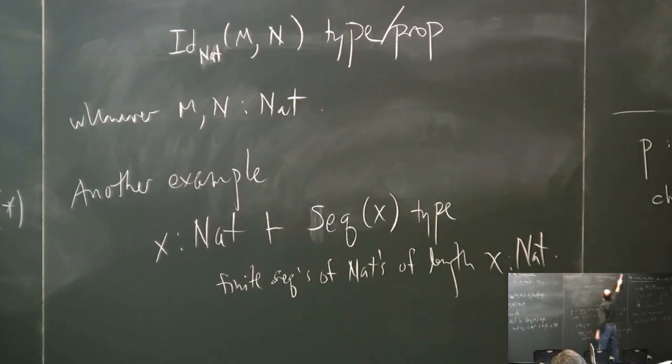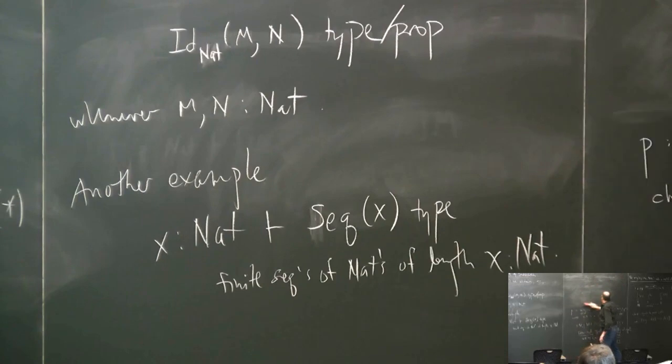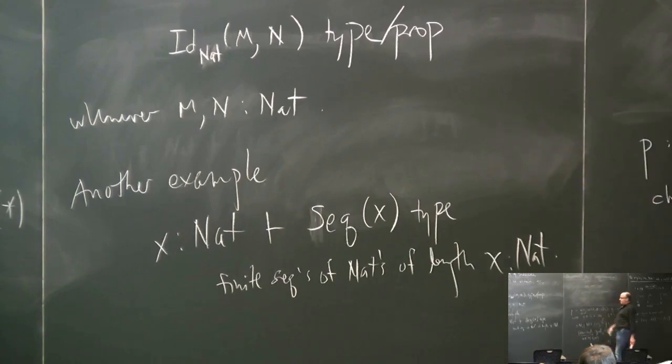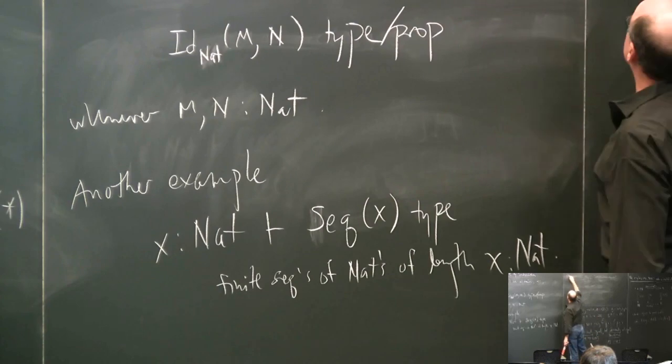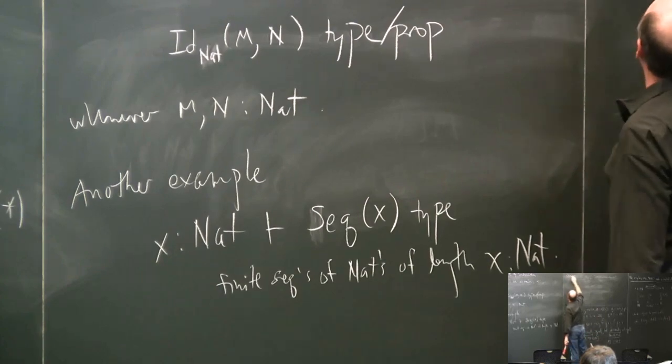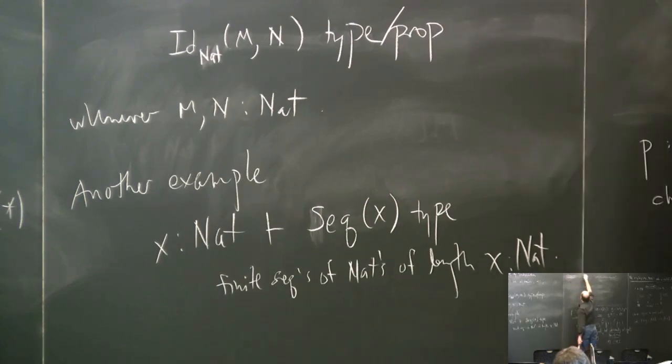Now I want to come back to the remark I luckily didn't erase. This brings up an important point. We can observe the following fact. If we take something like Seq, I could do the discussion also with identity, but I just felt like doing it with Seq.